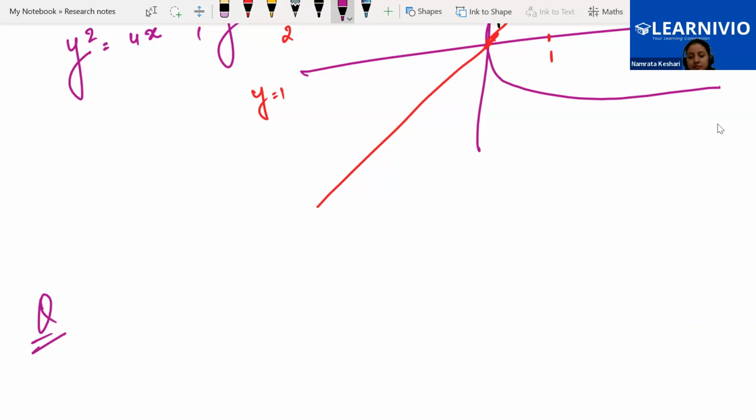Yes, ma'am. So for the third question in the latest assessment, the area bounded by the curve y is equal to log x and the coordinate axis, that was the question.